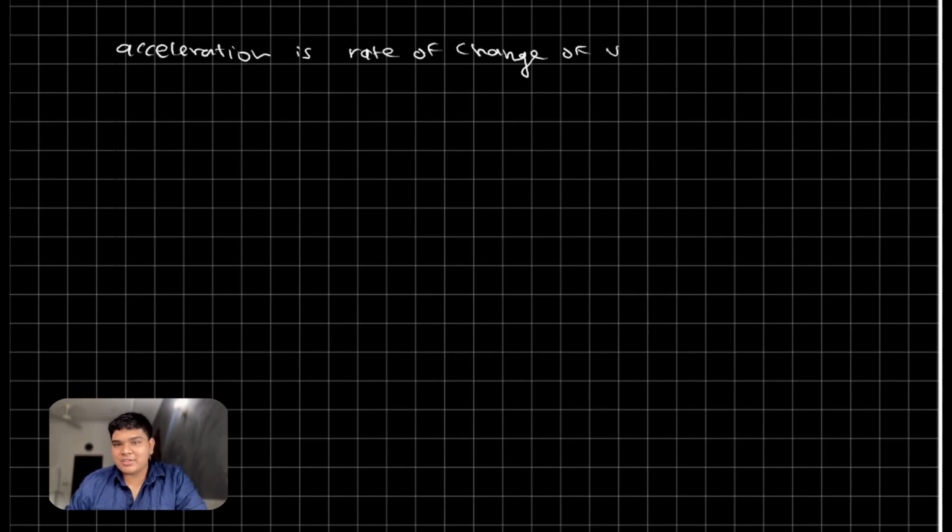For acceleration, it is a development of what speed is. So the textbook definition of what acceleration is, right? Acceleration, my handwriting is terrible on this. Acceleration is the rate of change of velocity.